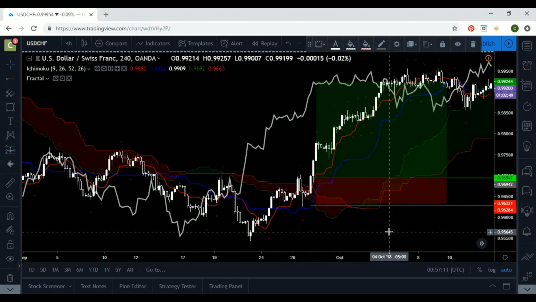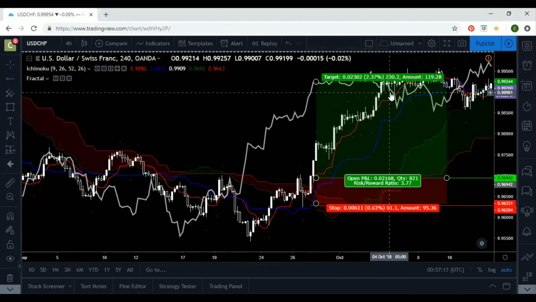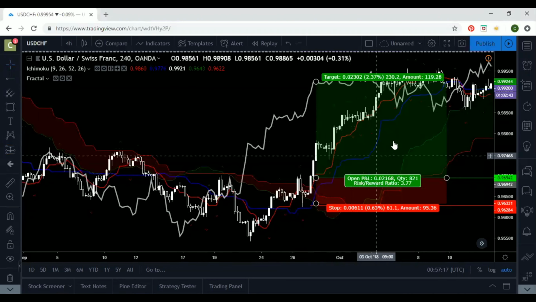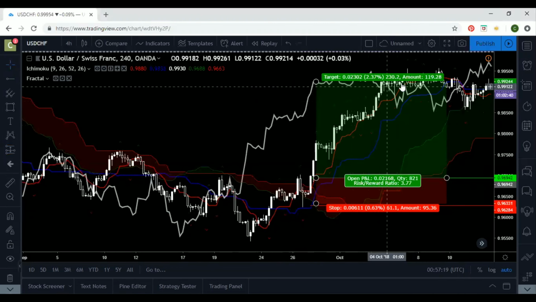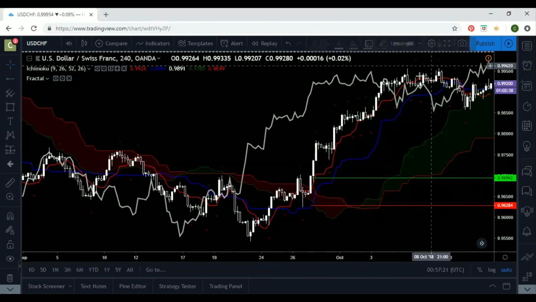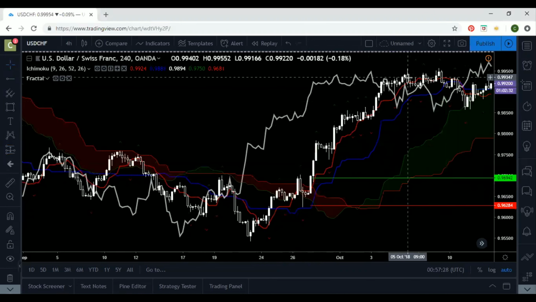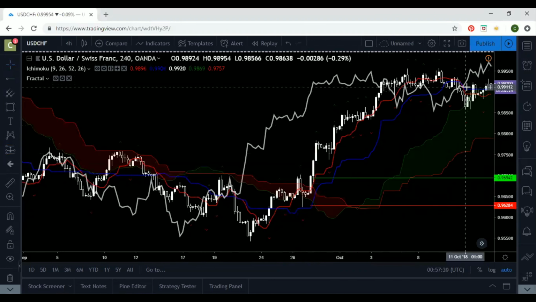So 61 pip stop loss with a 230 pip target. Only reason why you would have that target is because, take this off, you would not exit out the trade until you see Chikou span crashing into price. So you would exit somewhere in here, or you wait until the TK cross, which would be right here.